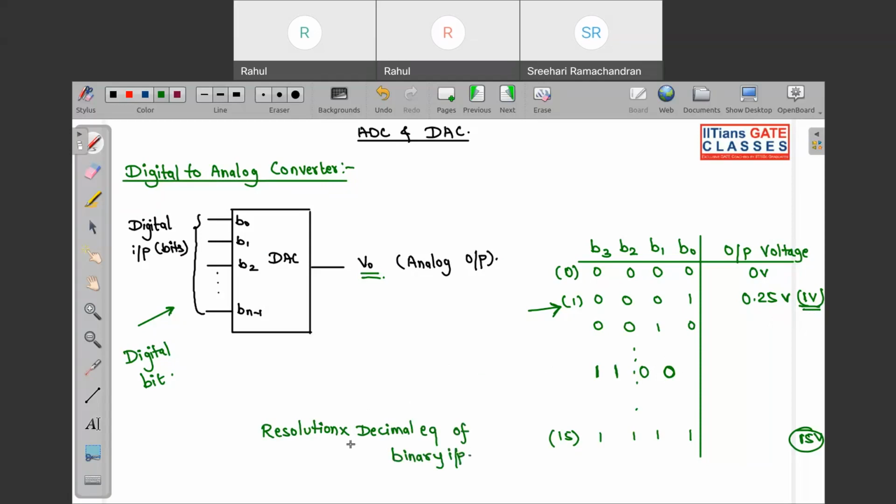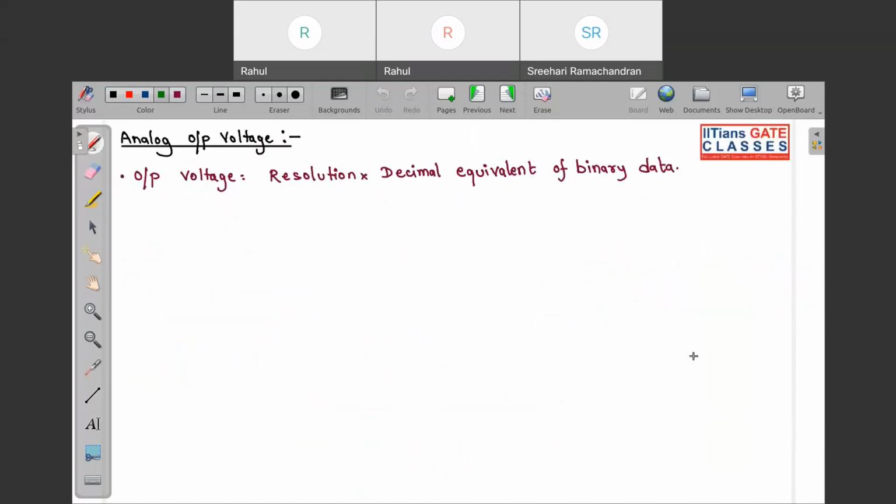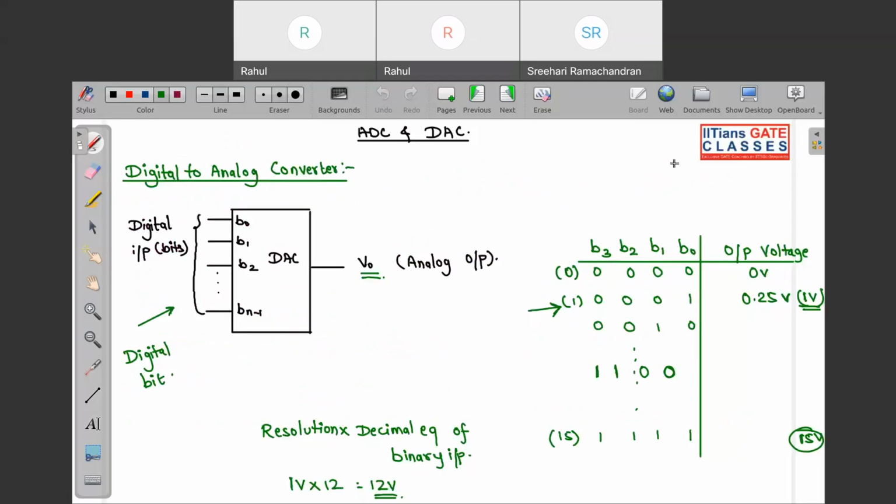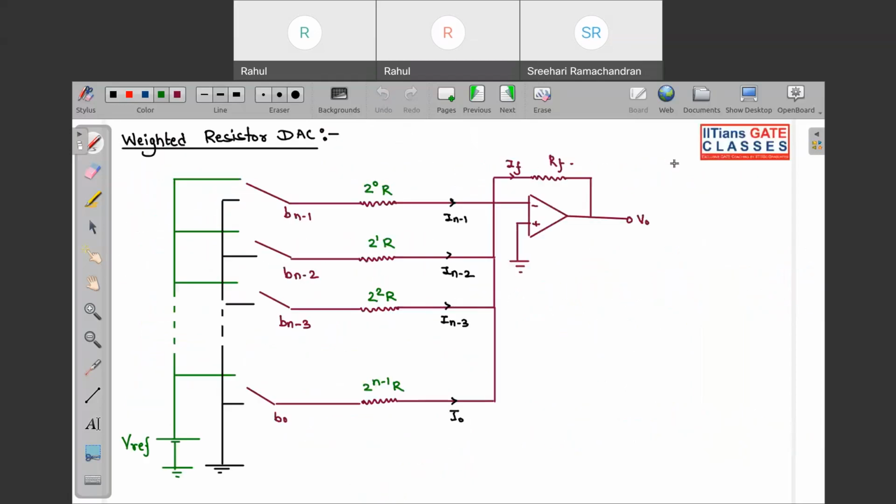Resolution in this case is 1 volt. The decimal equivalent of 1100 is 12, so the output corresponding to 1100 will be 12 volts. So the output voltage is equal to resolution into the decimal equivalent of the binary data. Clear? Any doubt in this?